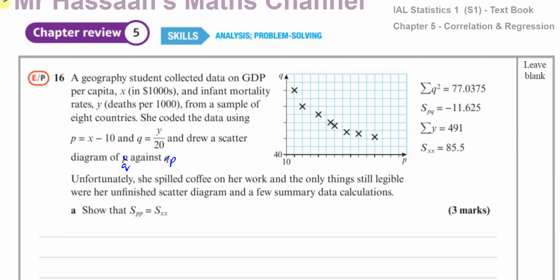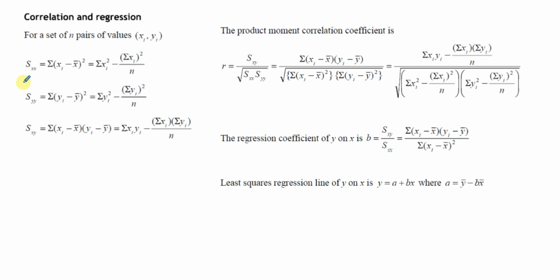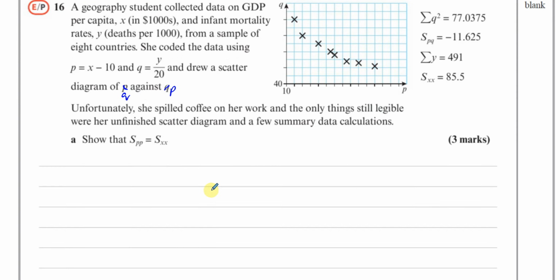And we have a formula over here. SXX, SYY, SXY. These formulae here help us to calculate the value of these variance kind of values. All right. So in this question, the first part of the question tells us show that SPP equals SXX.